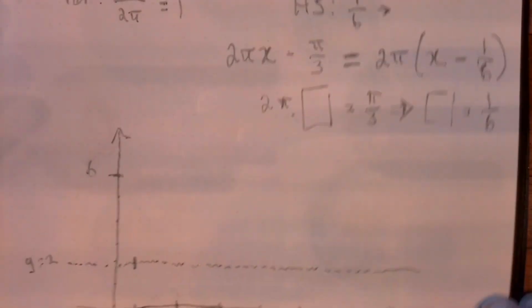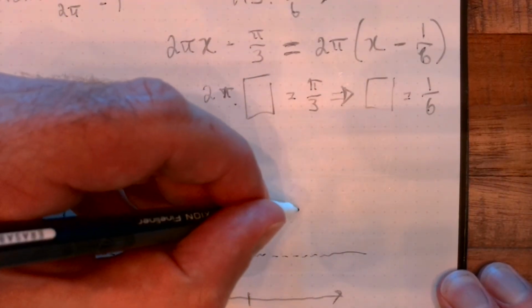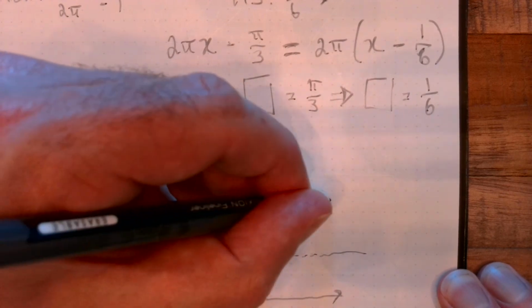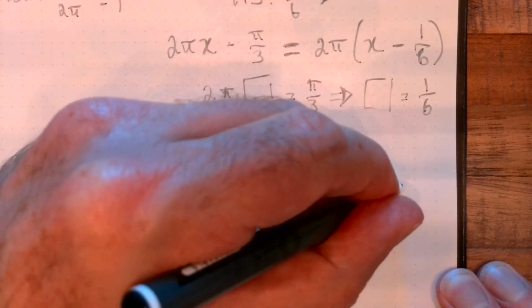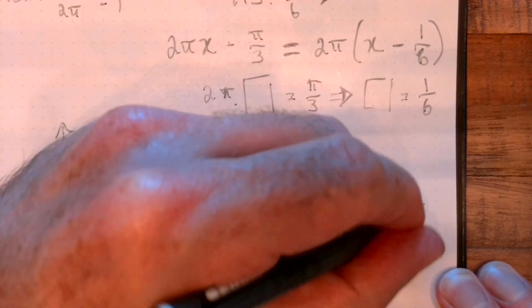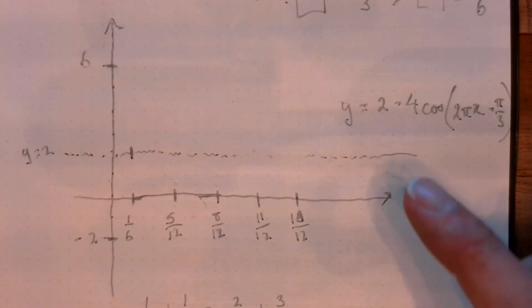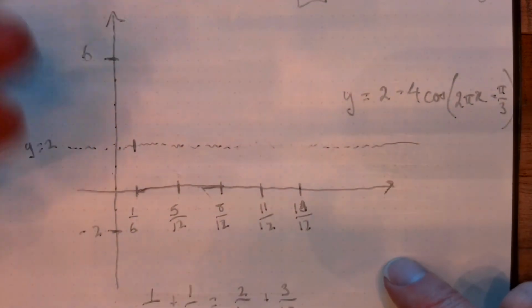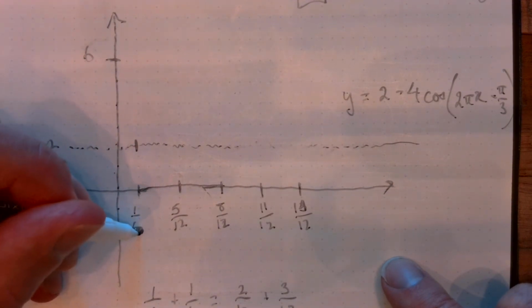All right, so let's get our graph here. And remember, for reference, we are graphing y equals 2 minus 4 cosine of 2 pi x minus pi over 3. Okay, so we're dealing with the cosine function. Note that negative multiplier. That means we are starting at the bottom. We're starting down here.